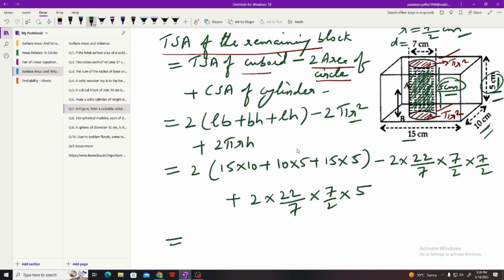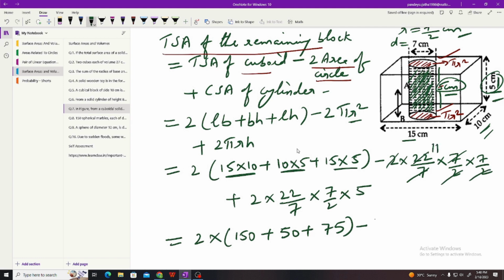So solve it. 2 into, this is 15 into 10, that is 150, plus 5 into 10 is 50, plus 5 into 15 is 75, minus, cancel it. So we get 11 into 7, that is 77, plus, cancel this also. So 22 into 5 is 110.